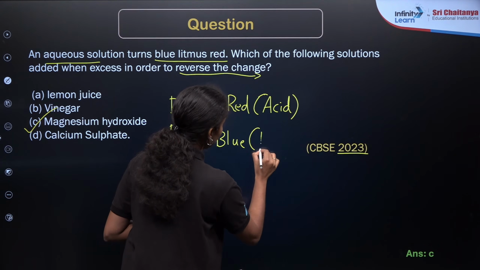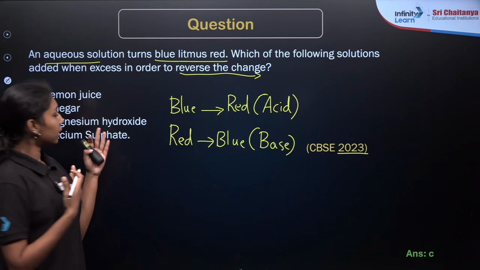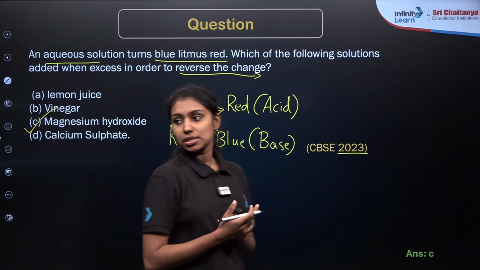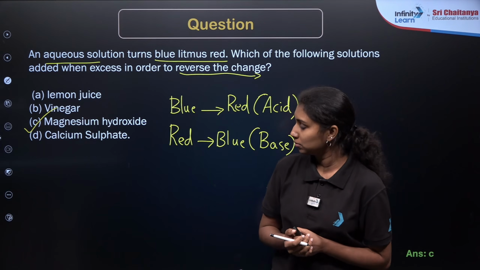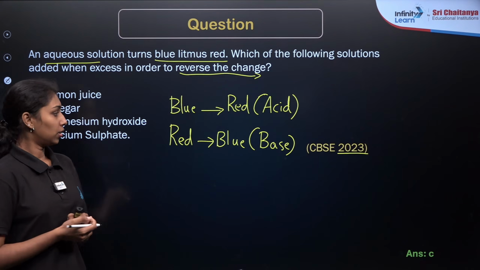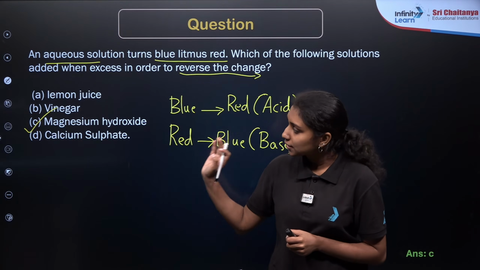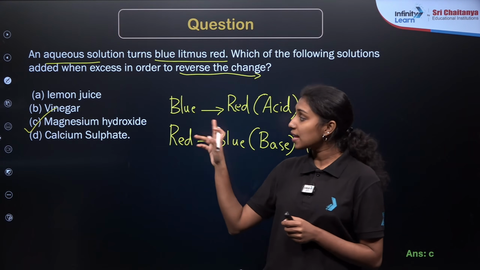Basic solution or base. So again, if you are comparing the options given here, lemon juice contains, what is the acid present in lemon juice? Hafsa, there is a correction in your answer. Vinegar means there is acetic acid, right?